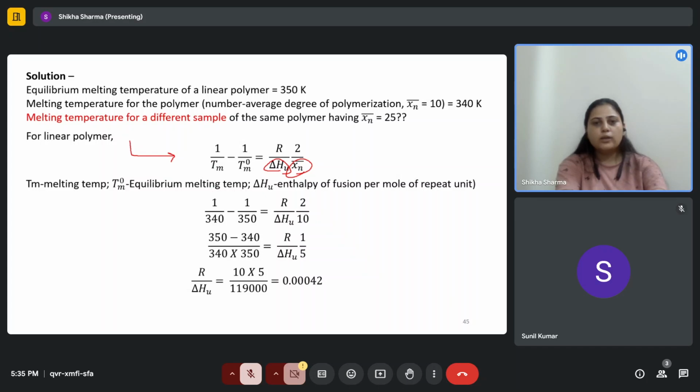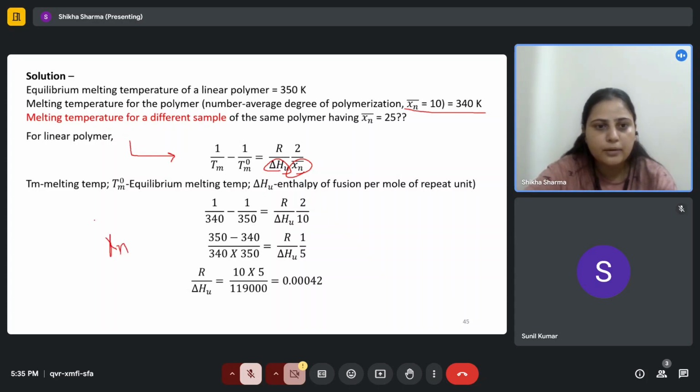So in this formula we have 1/Tm. First we are doing this for Xn bar 10.